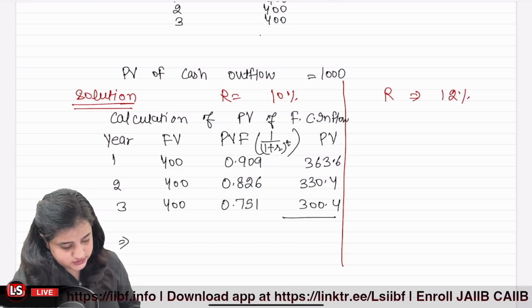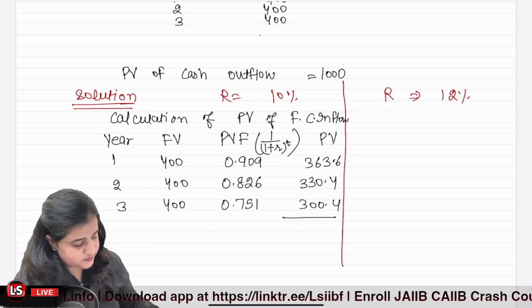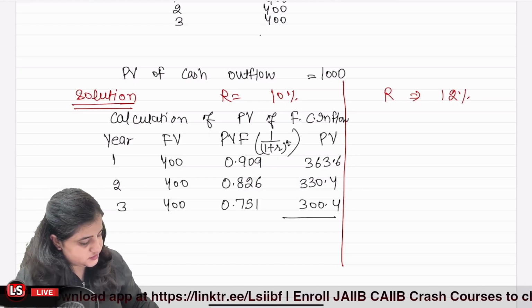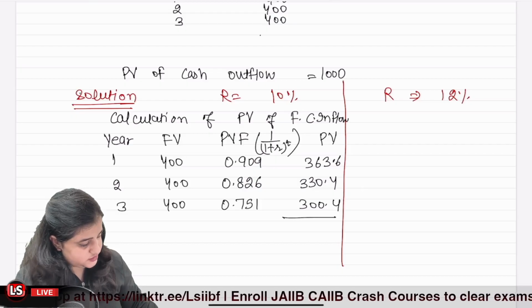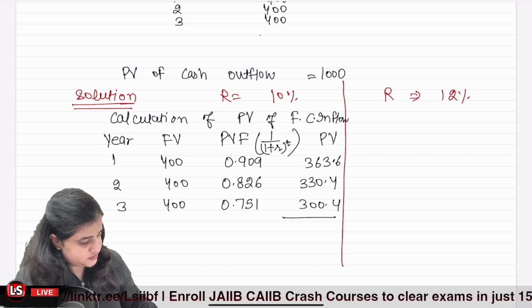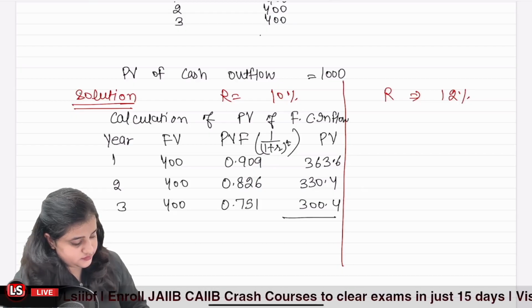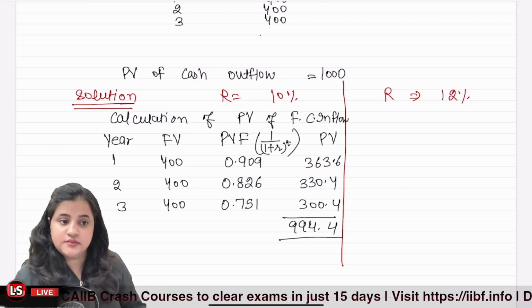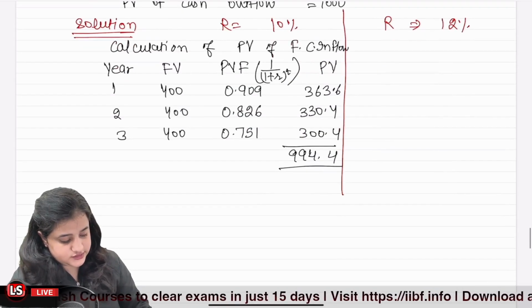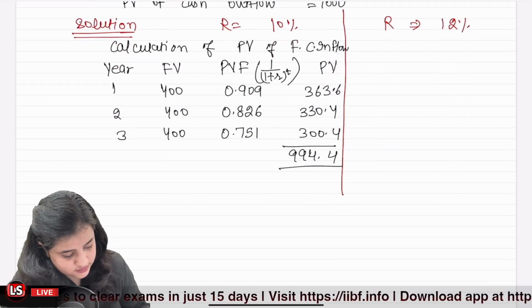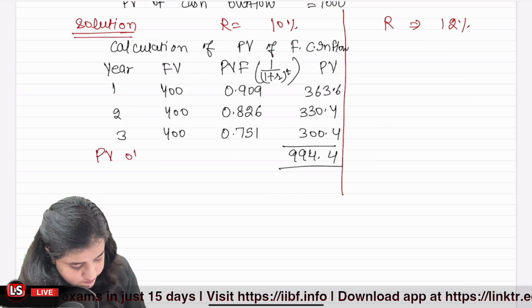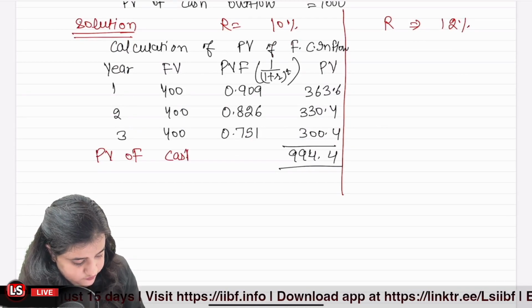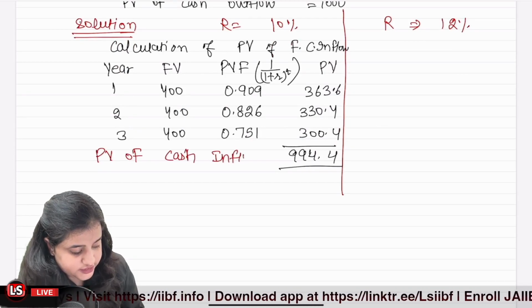So the total is 363.6 plus 330.4 plus 300.4, 994.4, right? This is my PV of cash inflow.